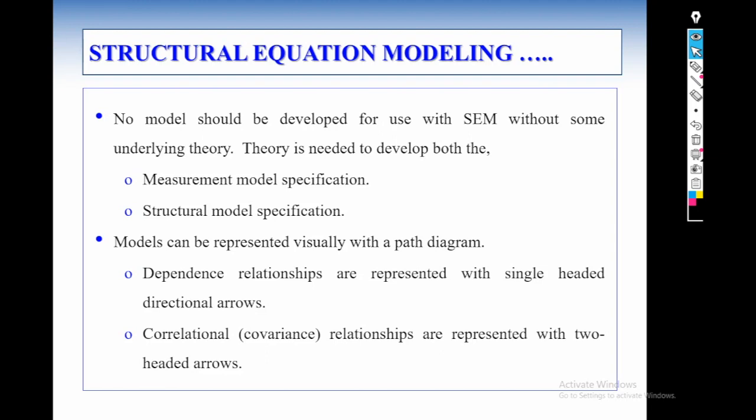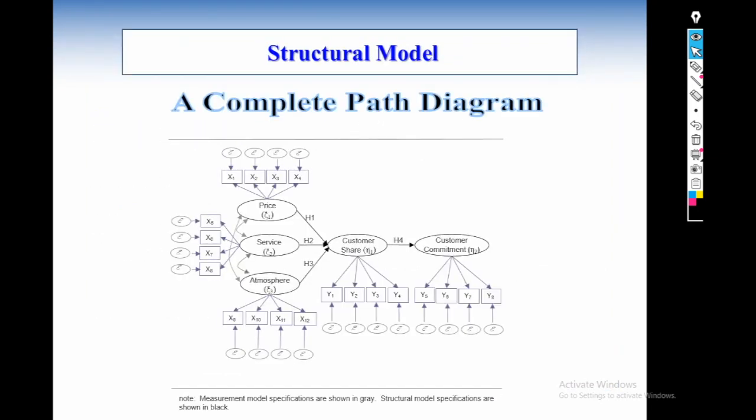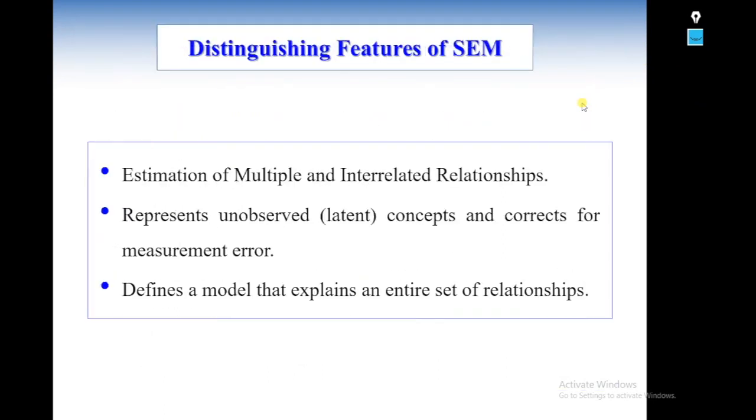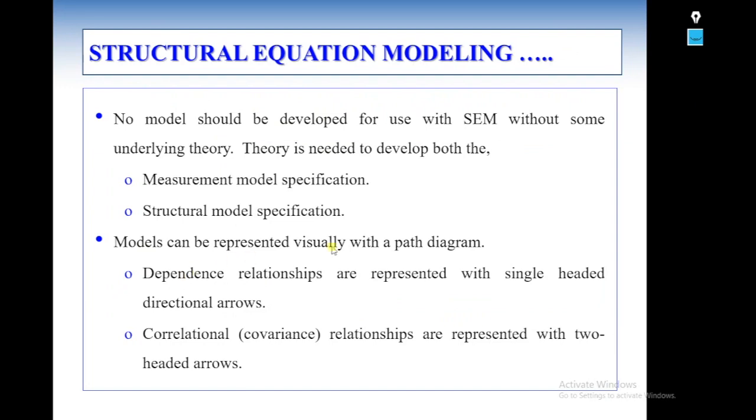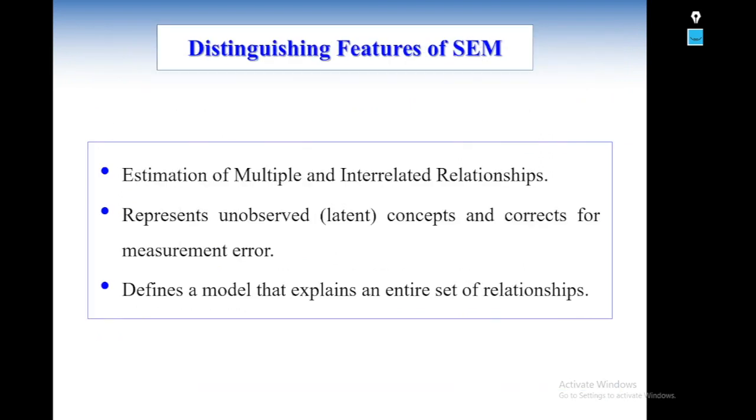A single-headed direction means, as you can see here, this is the single-headed arrow, and the double-headed arrow means this, price with the service. So the covariance and the dependence relationship are represented with a single-headed direction, and covariance with a two-headed direction.